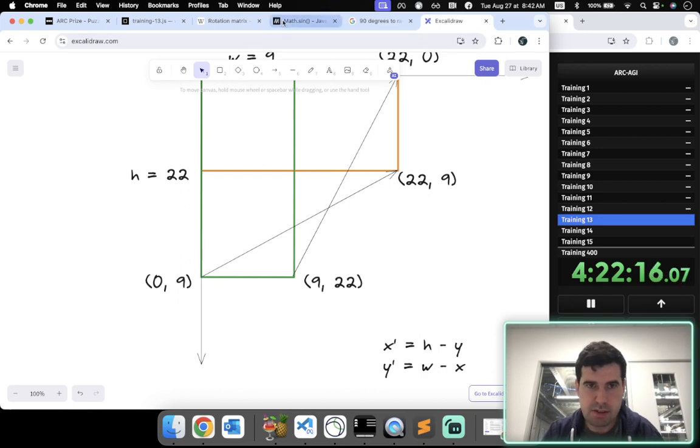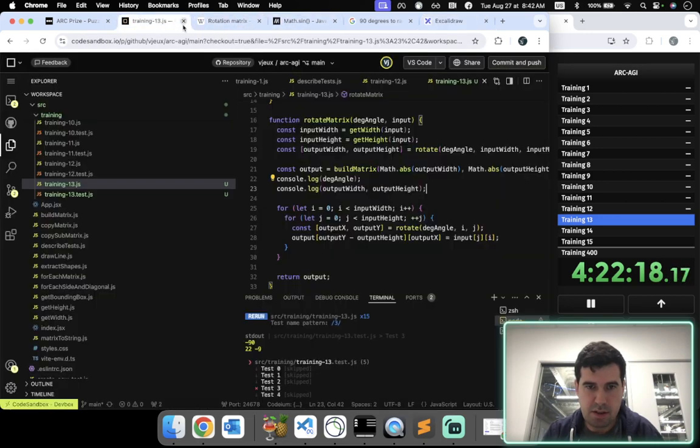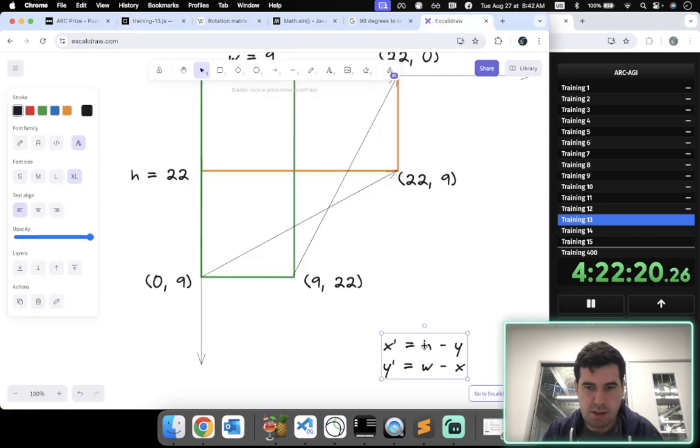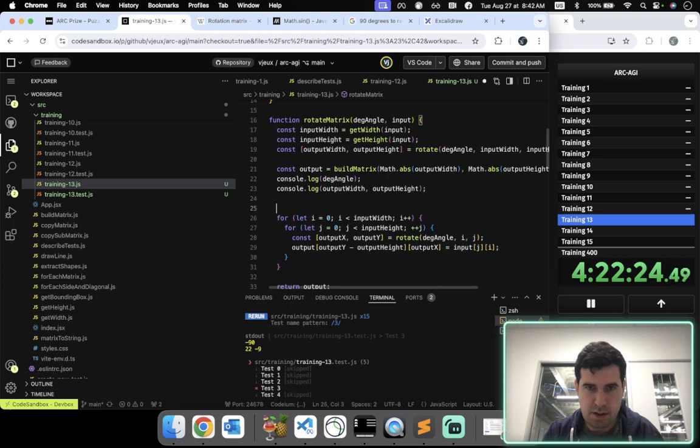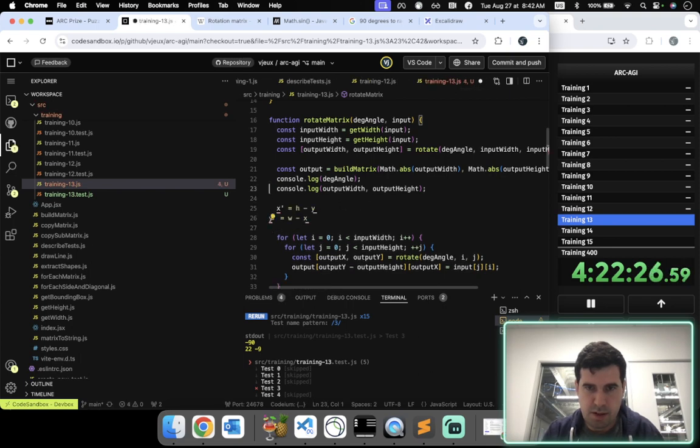Okay, let's try this. So we do input height, so we swap, input width.